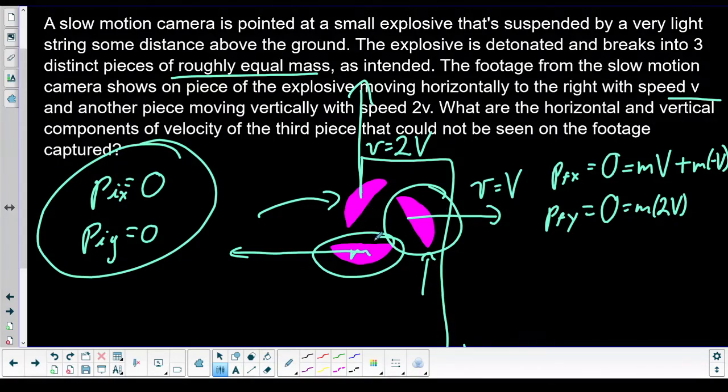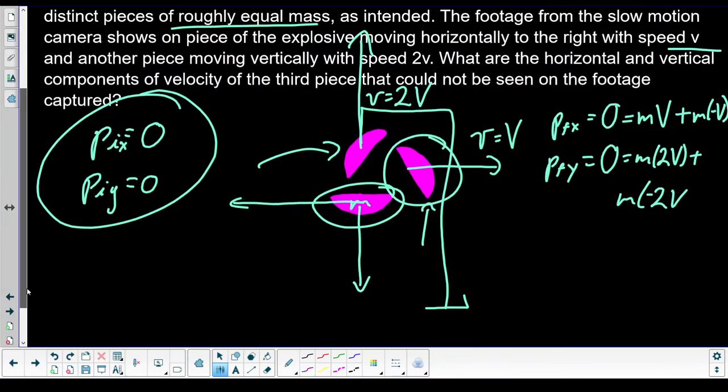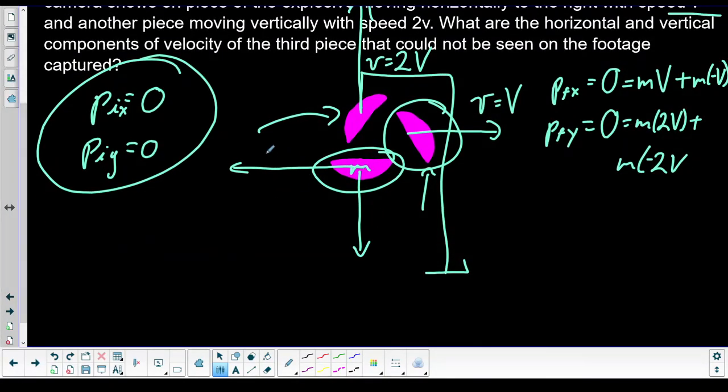Now, this piece is going up at 2v, so this piece needs to be going down, plus m times negative 2v. So this piece is going to the left at negative v and down at negative 2v.